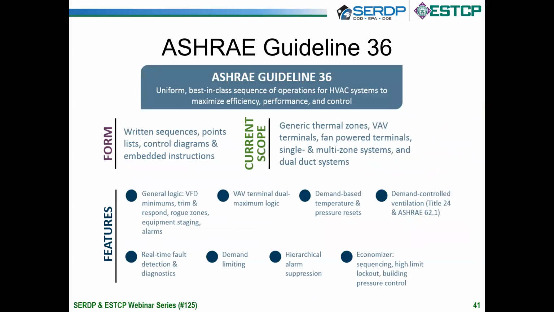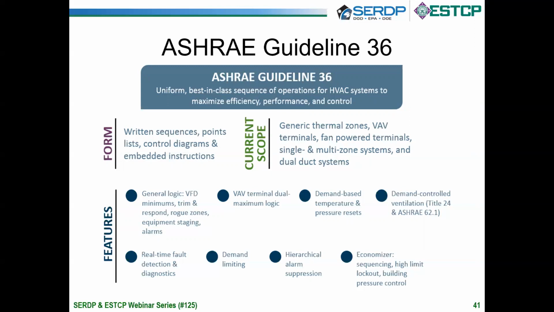So here's a quick summary of the contents of the guideline. I'll go over this fairly briefly, but you can find a lot more detail in one of the 15-minute trainings that Joe and David just mentioned. There's one called Introduction to Guideline 36 that dives into all these topics. The guideline is meant to provide uniform best-in-class control sequences.